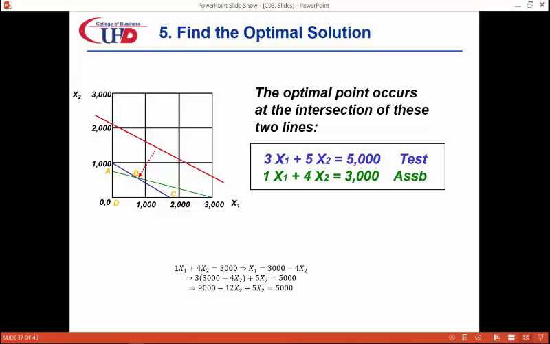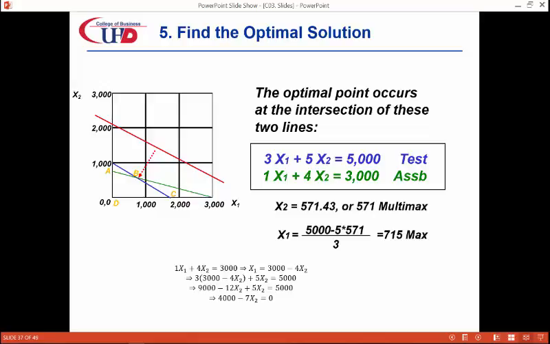Multiplying 3 into the parentheses, we have 9000 minus 12x2 plus 5x2 equal to 5000. Deduct 5000 on both sides of the equal sign. We can transform the equation to 4000 minus 7x2 equal to 0. Now, it is easy to figure out.